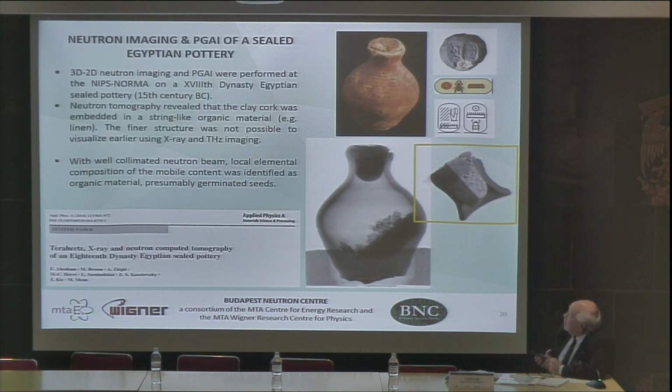This is another type of measurement that was done together with Hungarian researchers and foreign researchers as well, and they used for this sealed Egyptian pottery the neutron imaging and the PGA instruments.